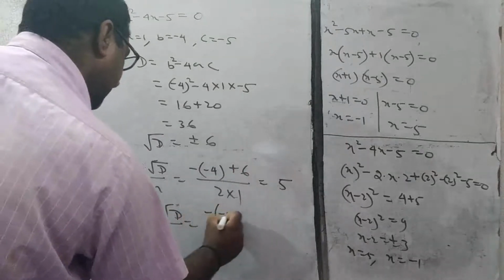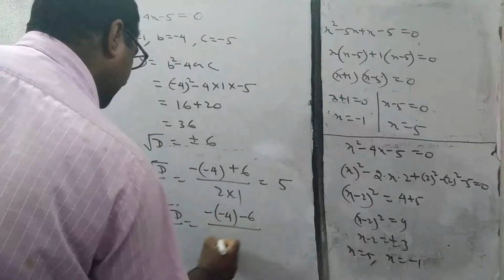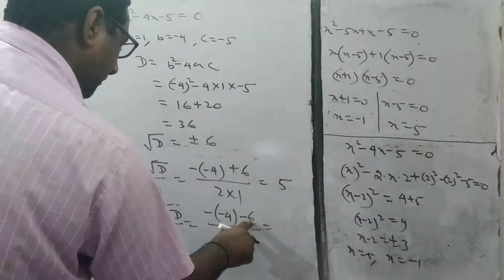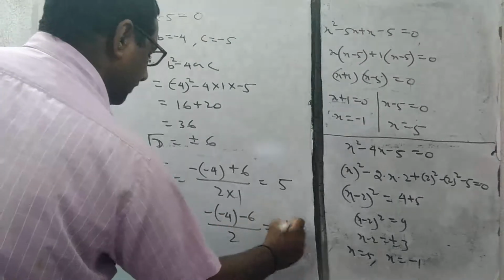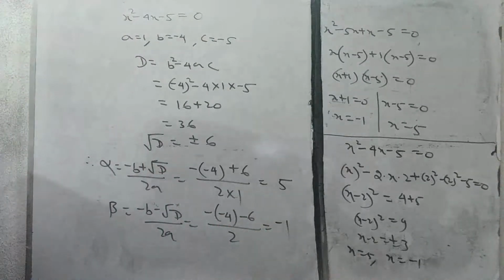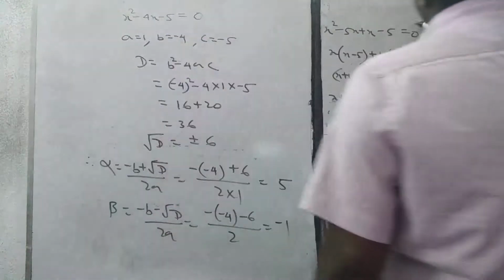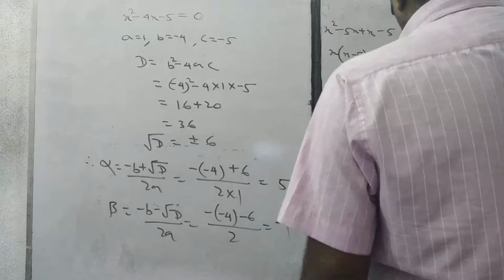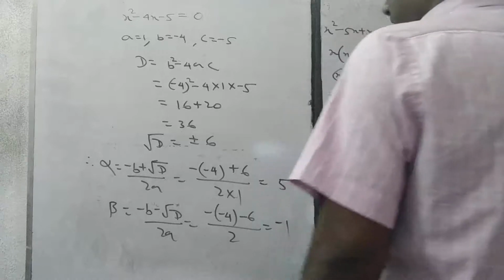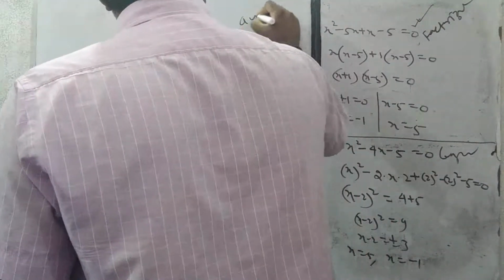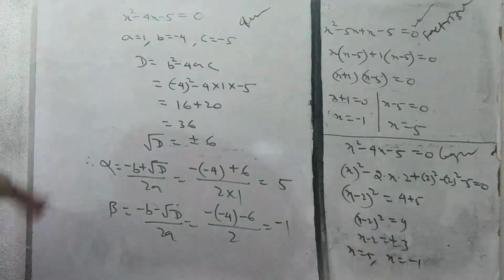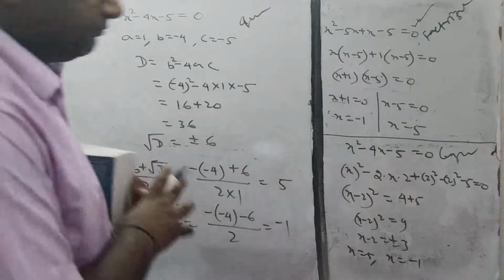So (4 minus 6) upon 2, that is minus 2 by 2, this is minus 1. So this is by the factorization method, this is by the completing the square method, and this is by the quadratic formula. So all three methods I am using to solve the particular equation.